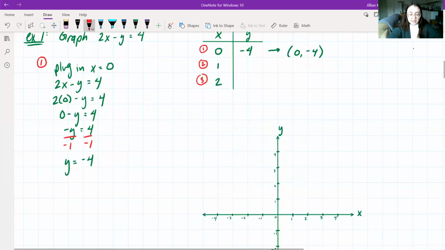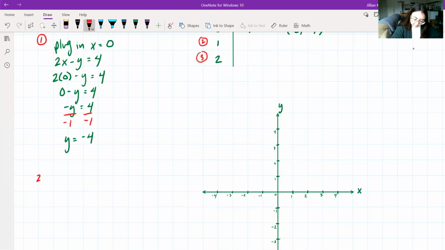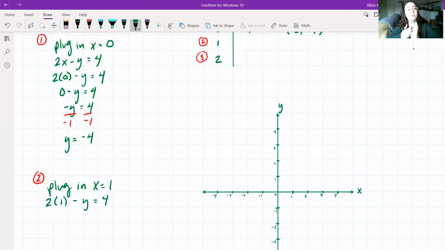And now for our second x value, we are going to plug in x equals 1 into our original equation. So now we have 2 times 1 minus y is equal to 4. 2 times 1 is going to be 2, minus y is equal to 4.